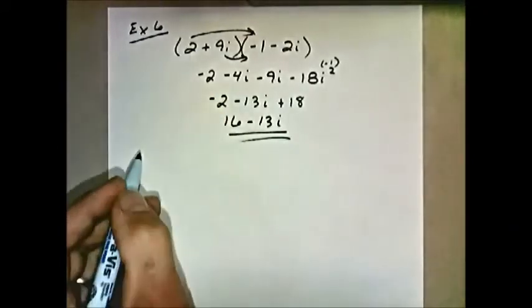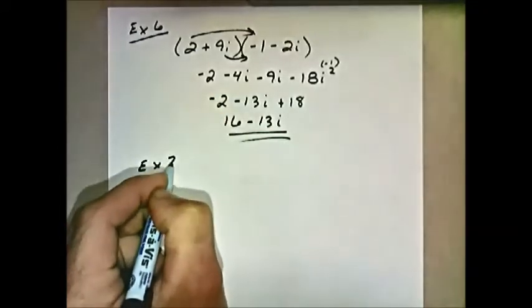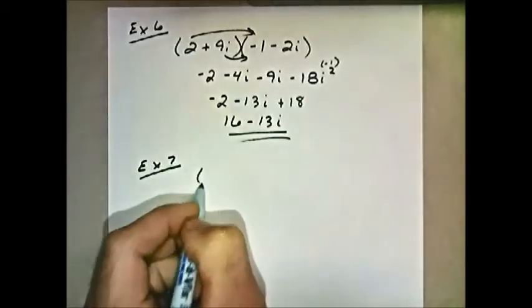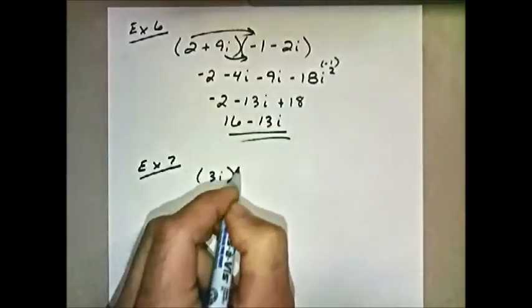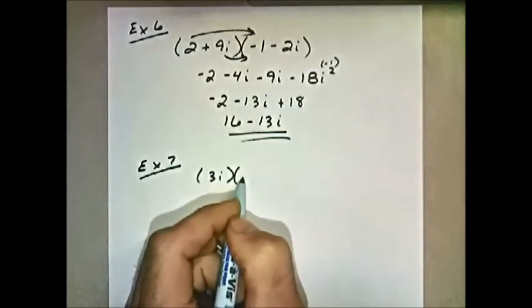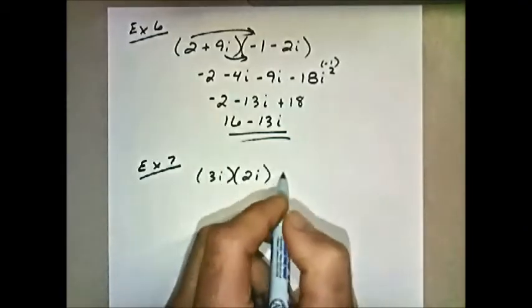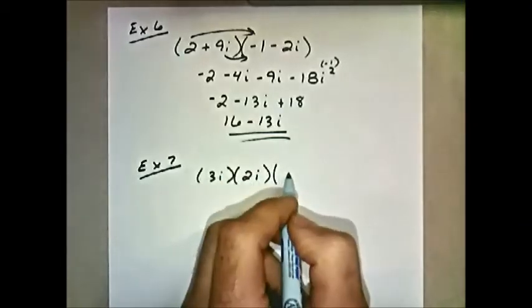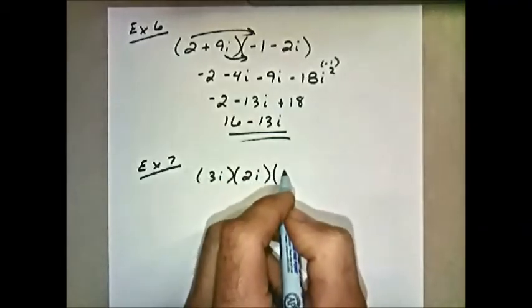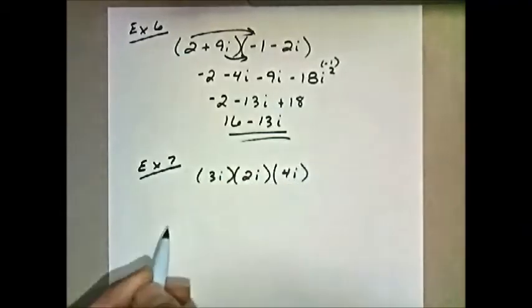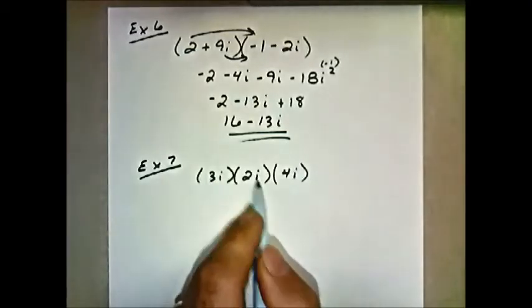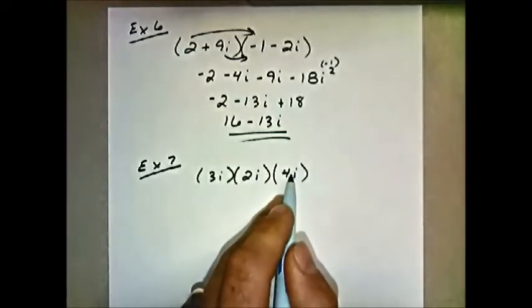We can get a little more complicated on the multiplication side. We can actually multiply 3 terms together, or we can throw a scalar in there as well. So let's look at just 3 monomial imaginary numbers. So let's look at 3i times 2i times 4i.